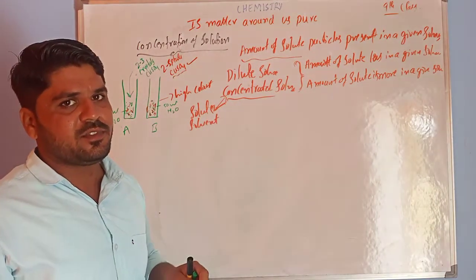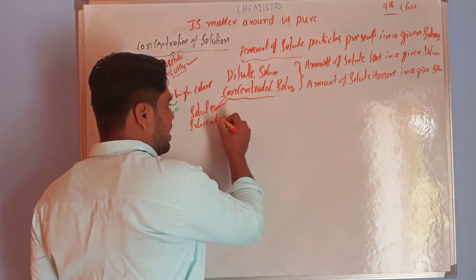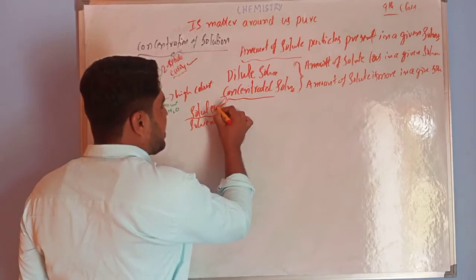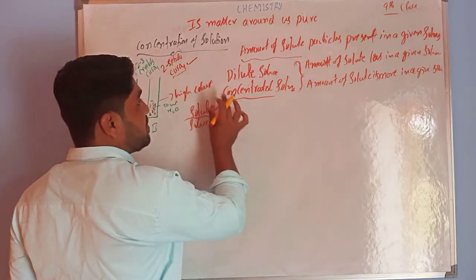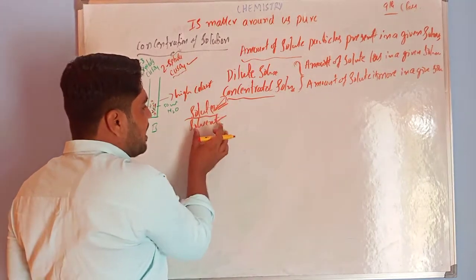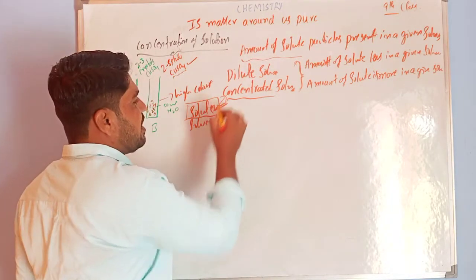Right? And the solvent amount is also involved, but the solute particles are mainly responsible for the concentration. If the solute is more, the solvent should be less. That's why I am only considering the solute particles.